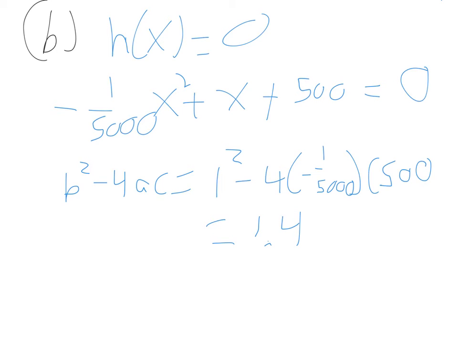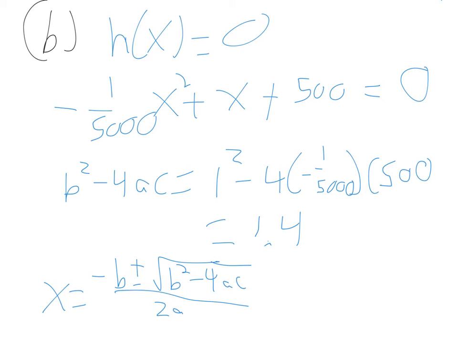So we can go ahead and plug it into our quadratic formula. It'd be negative b plus or minus the square root of b squared minus 4ac all over 2a. So it'd be negative 1 plus or minus the square root of 1.4, because we already worked out b squared minus 4ac, and then 2 times a, so 2 times negative 1 over 5,000.